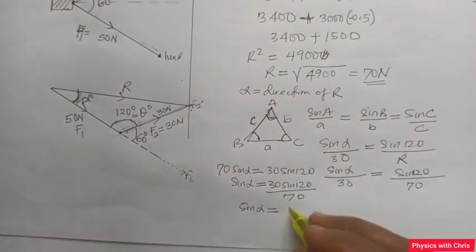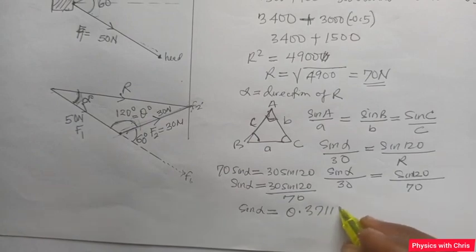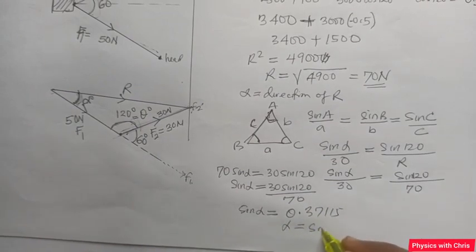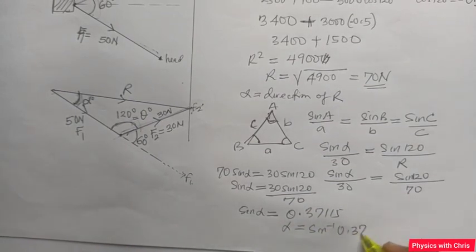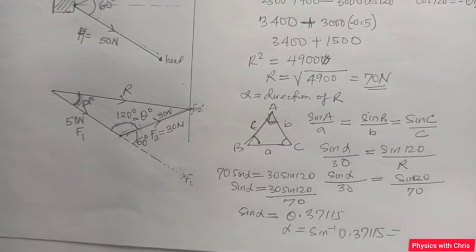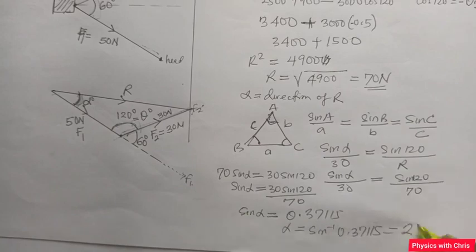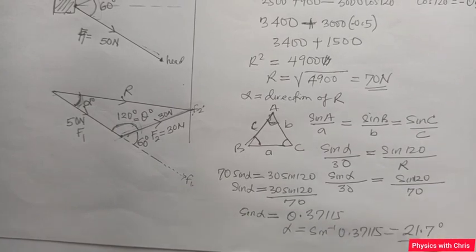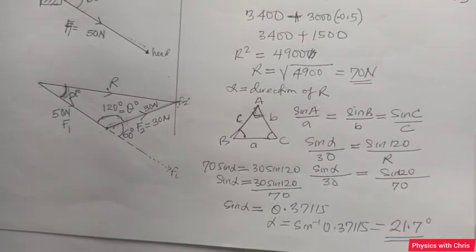It gives me 0.37115. So alpha is the sine inverse of 0.37115, which results in 21.7 degrees. So that is the direction of the resultant vector.